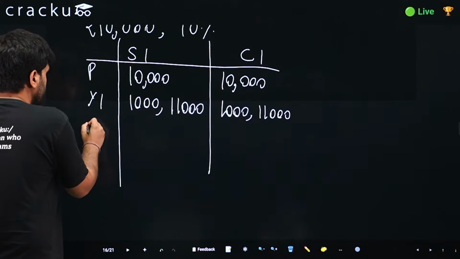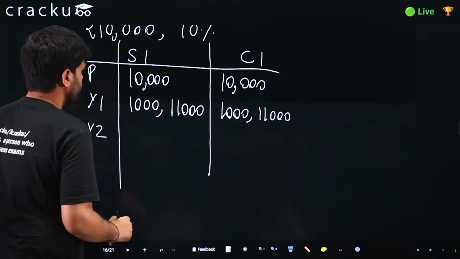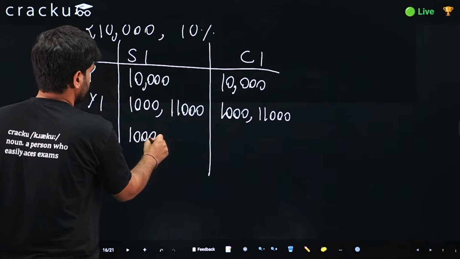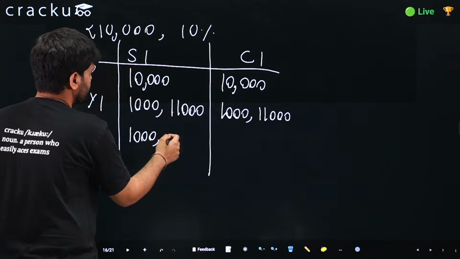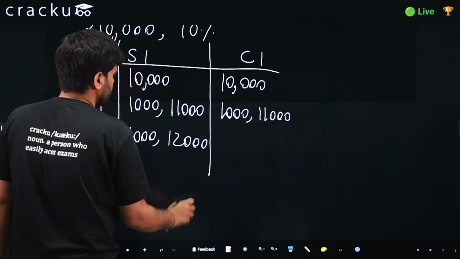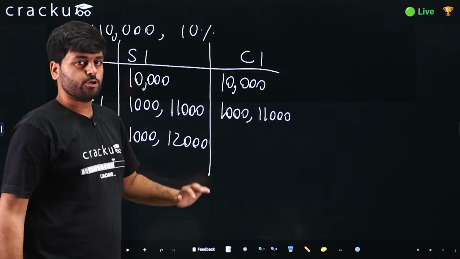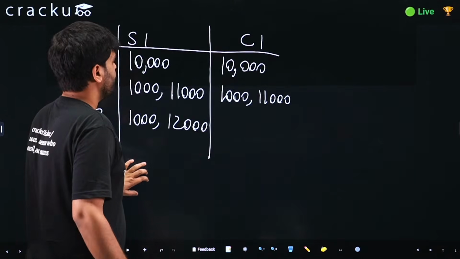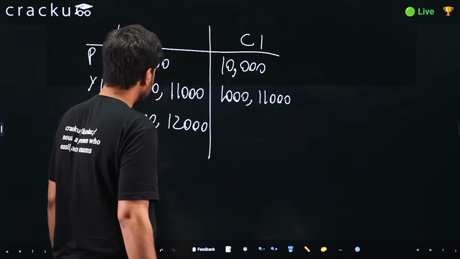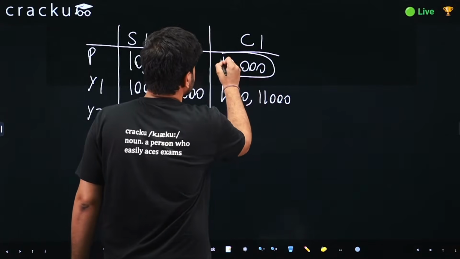But in year 2, simple interest will remain the same, 1,000. And the amount would come as 10,000 plus 1,000 plus 1,000, 12,000. Amount is the principal plus total accumulated interest till now. But in case of compound interest, the interest will be calculated not on the initial principal.